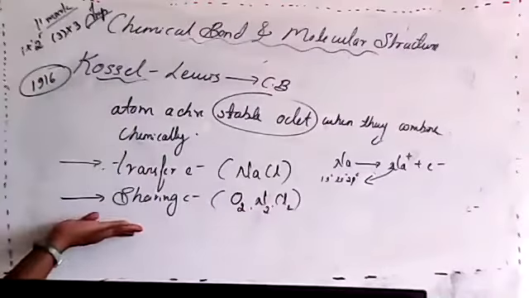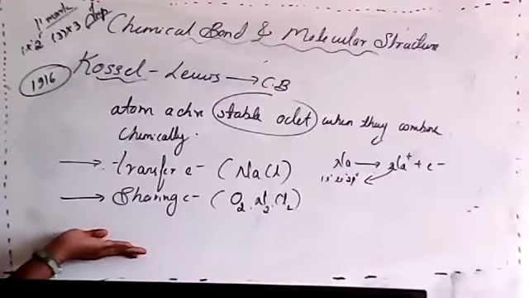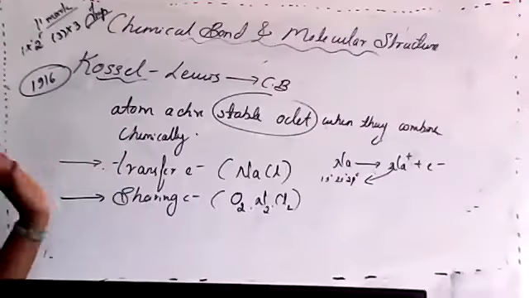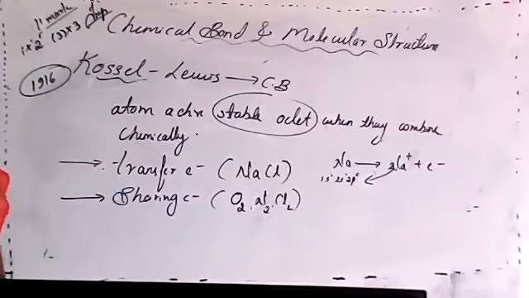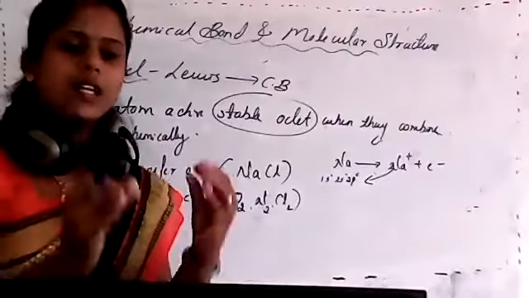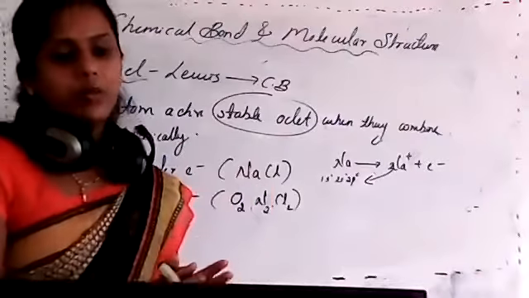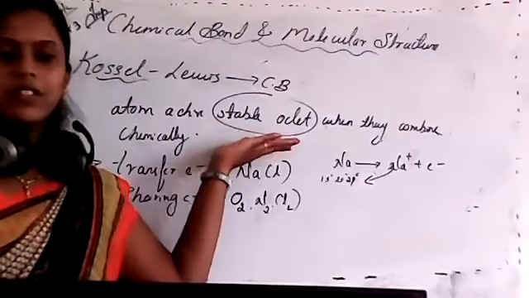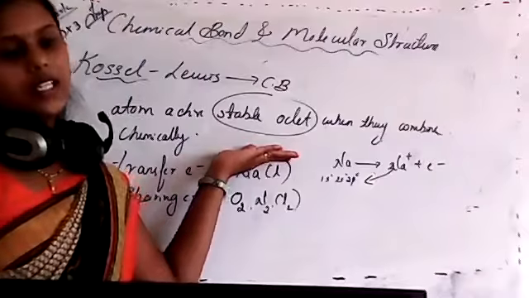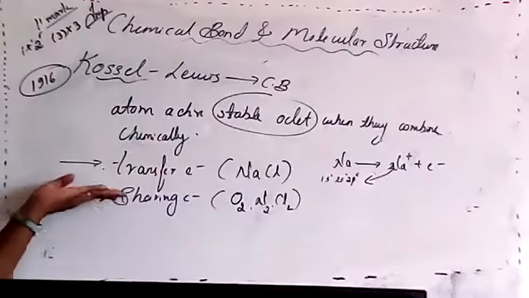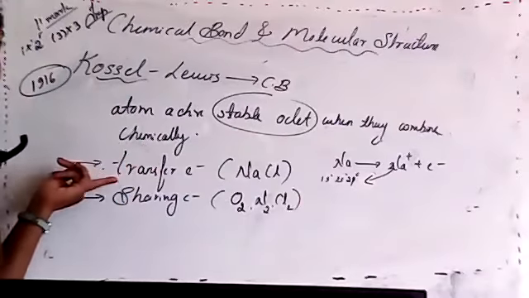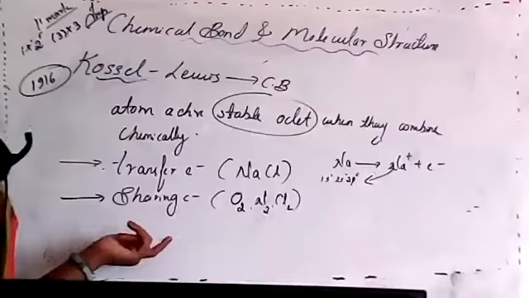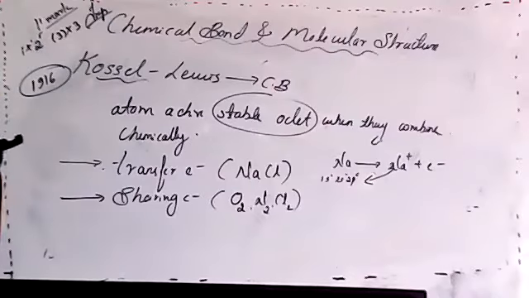These are compounds formed by the sharing of electron. Is this clear, student? To attain stability, there is a chemical bond, and the stability is formed by the octet structure. Two types were there: one with the help of transfer of electron, another with sharing of electron.